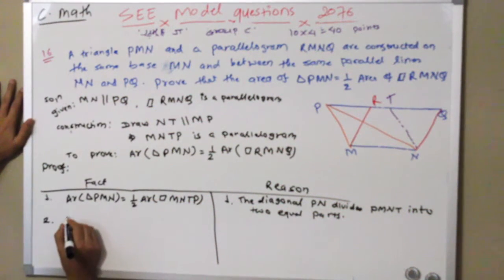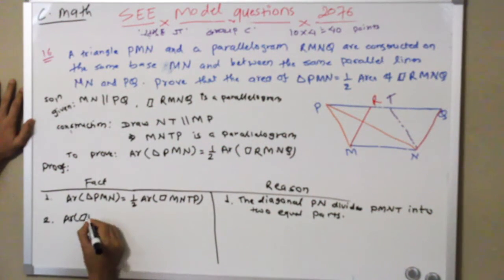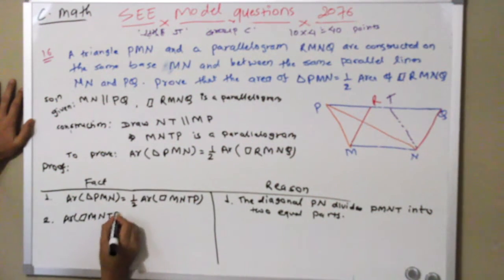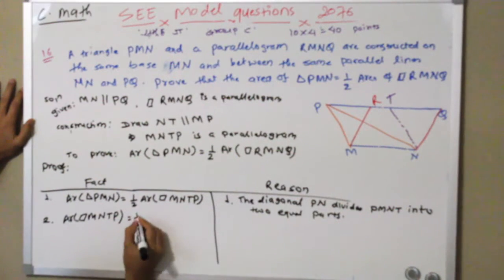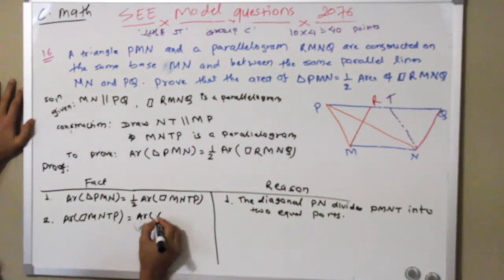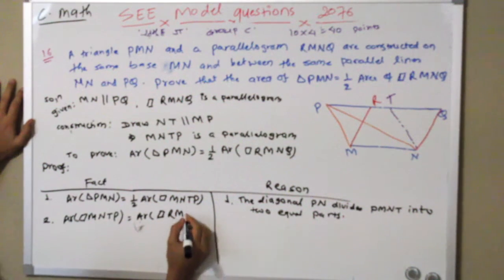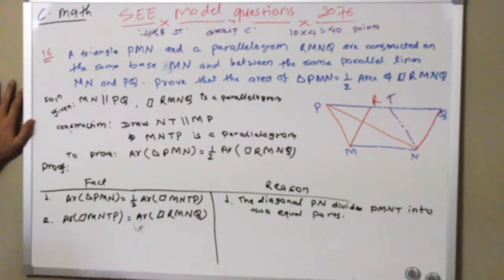So area of parallelogram MNTP equals area of parallelogram RMNQ, because there are two parallelograms standing on the same base, their areas must be equal. Look at what I do.